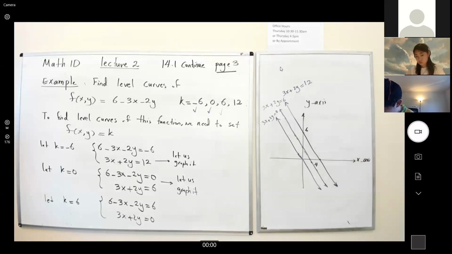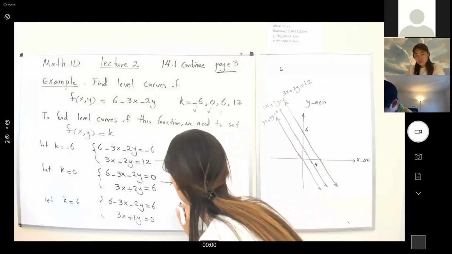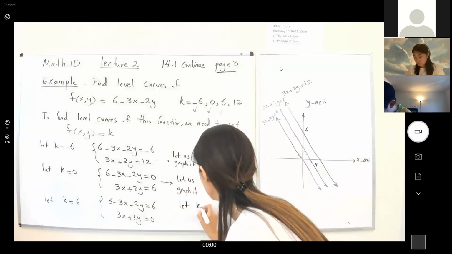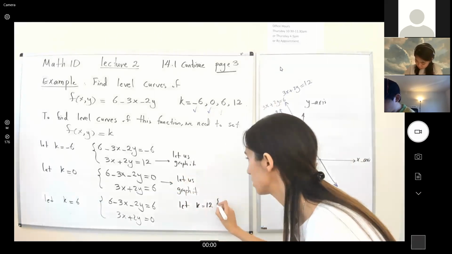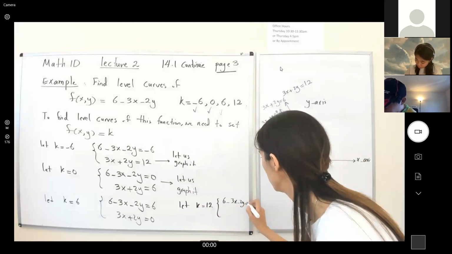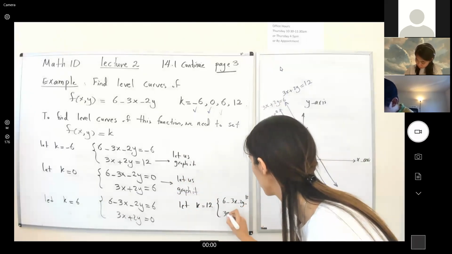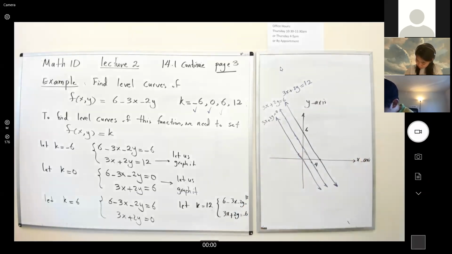So when k is equal to 12, let's see. Let me write it down here for you. Let k be 12. So we get 6 minus 3x minus 2y equals 12, or 3x plus 2y equals minus 6.